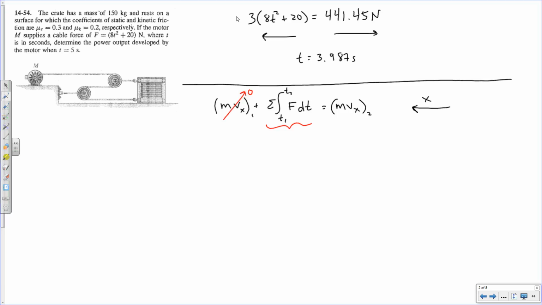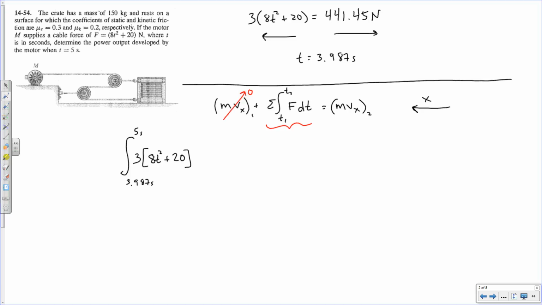So if we say positive to the left for the equation that we're using, then we can set up this equation by saying the sum of impulses from an initial time of 3.987 seconds, this is when the object starts to move, to some final time, I'm going to put 5 seconds here because this is the moment in time that we're solving for our final speed, is equal to the integral of our force equation, so 3 times 8t squared plus 20.